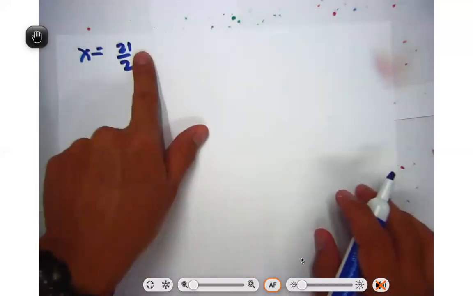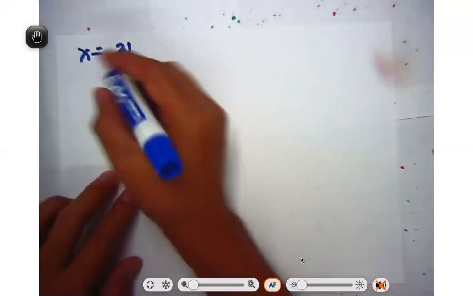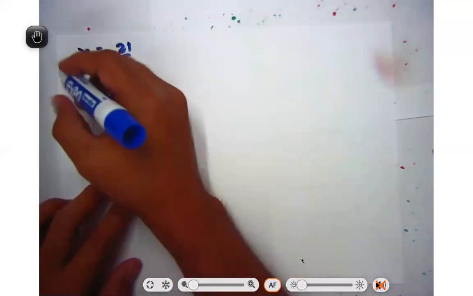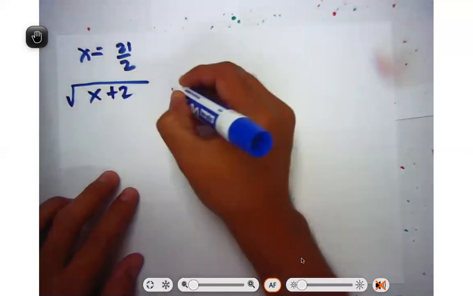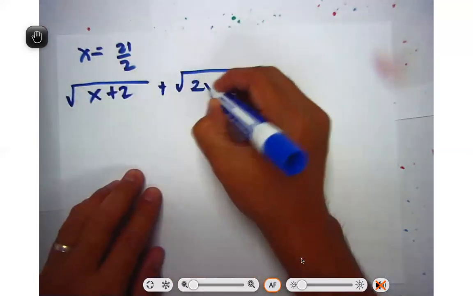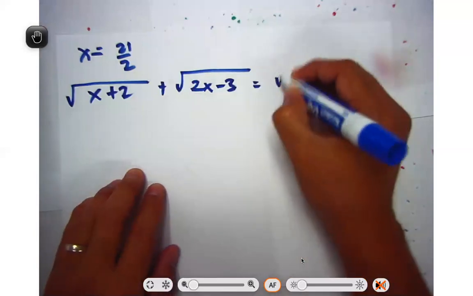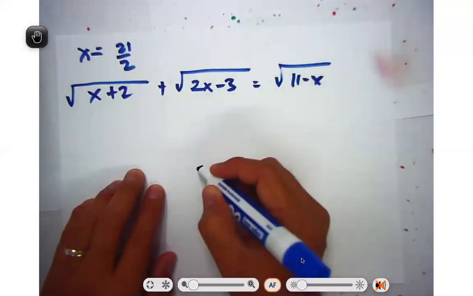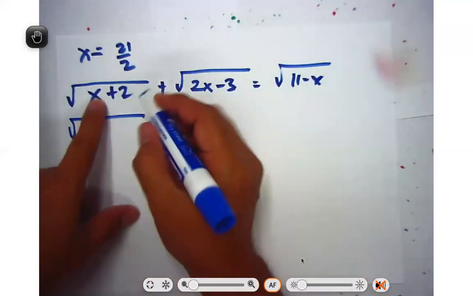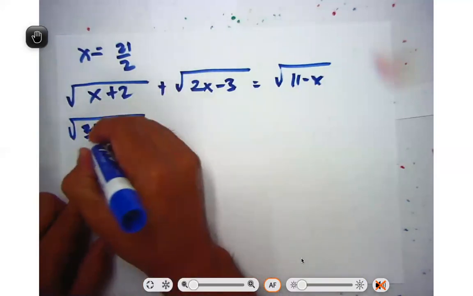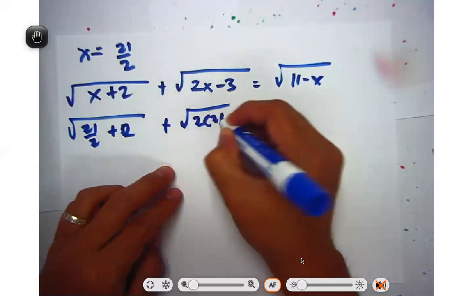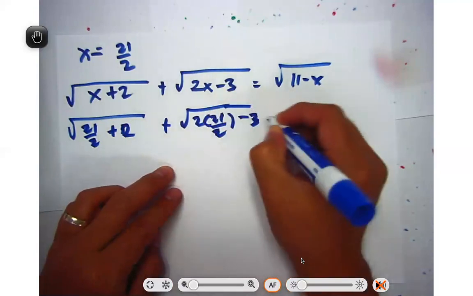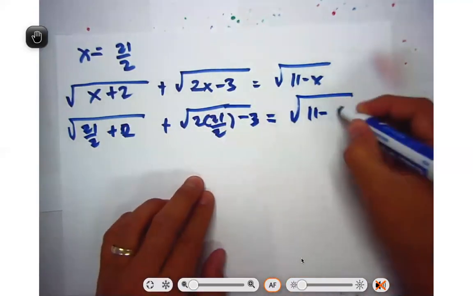Okay. It's not a solution, but let's verify it to our equation. X is 21 over 2, so we have 21 over 2 plus 2. 2 times 21 over 2 minus 3. Then 11 minus 21 over 2.